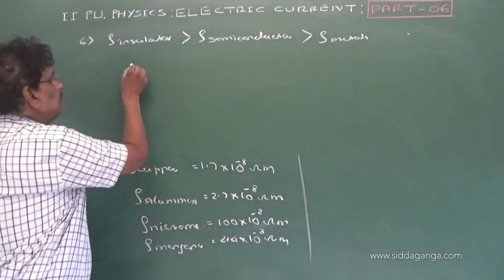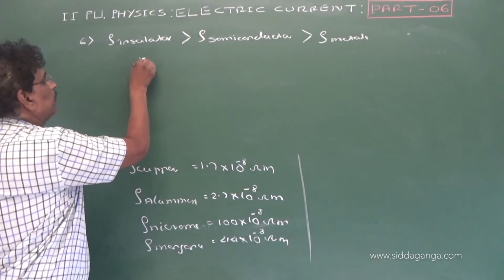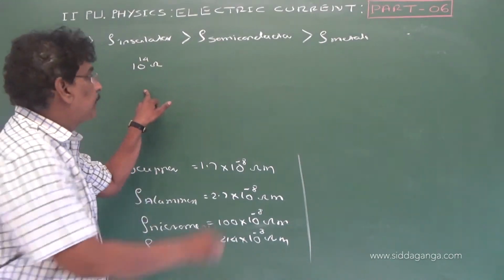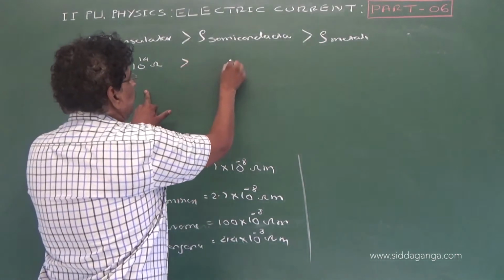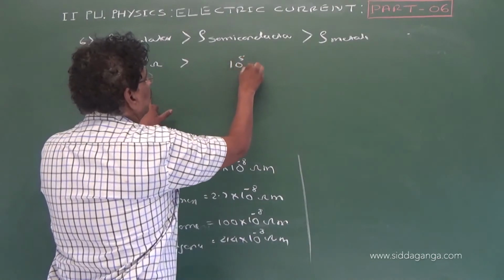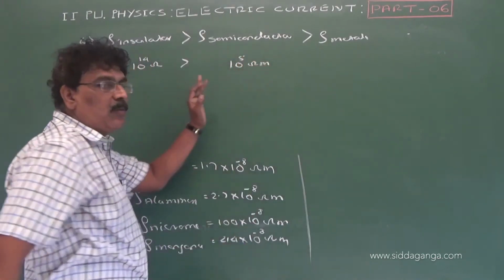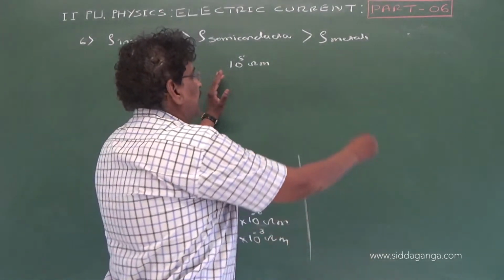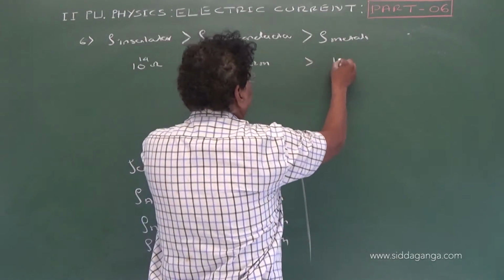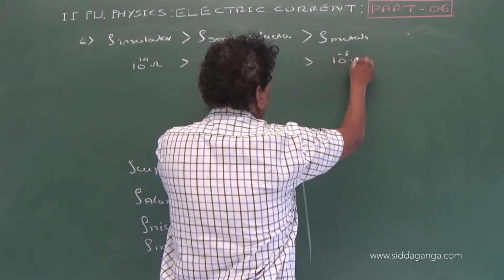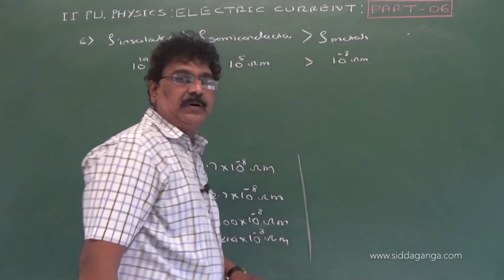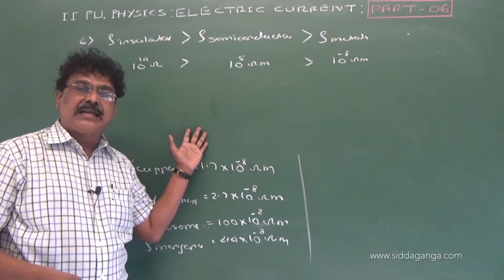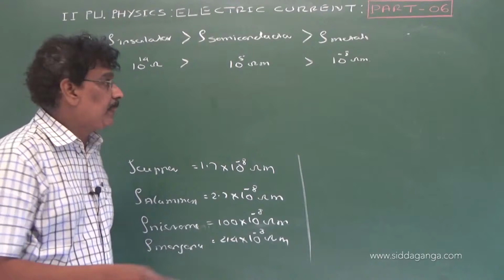For an insulator it is of the order of 10 power 14 ohm meter. For semiconductors like germanium, silicon, etc., it is of the order of 10 raised to the power of 5 ohm meter. For metals it is of the order of 10 raised to the power of minus 8 ohm meter. So among the metals, silver has the lowest resistivity.